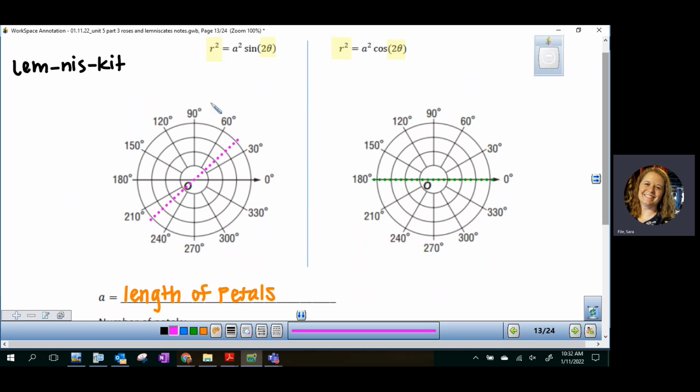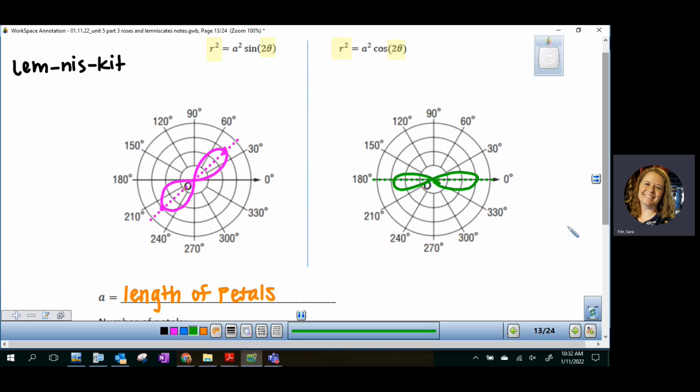Now, we don't have specific numbers on these, so I don't know how long the petals are supposed to be. So for the sake of these examples, I'm just going to go to 3. It's just this figure 8 shape at a 45-degree angle or at a 0-degree angle.